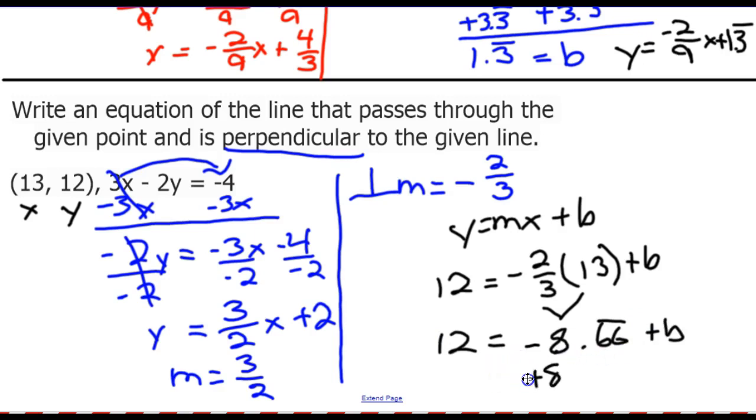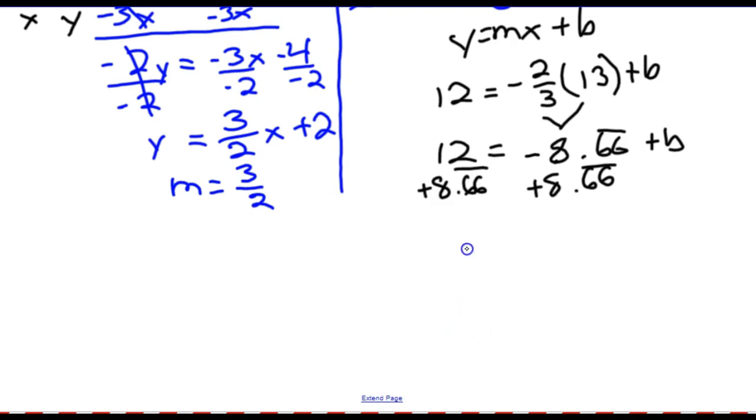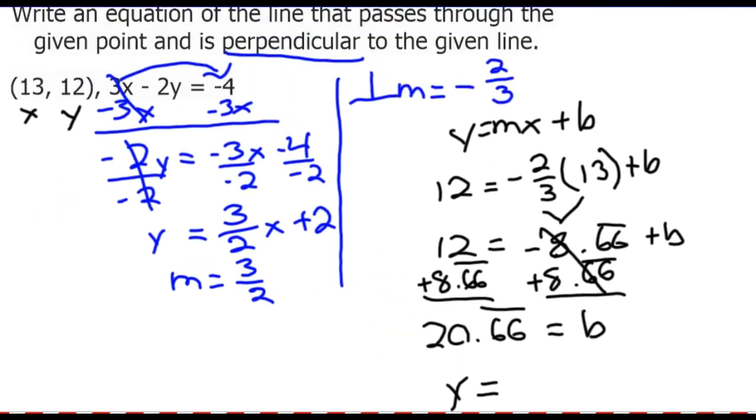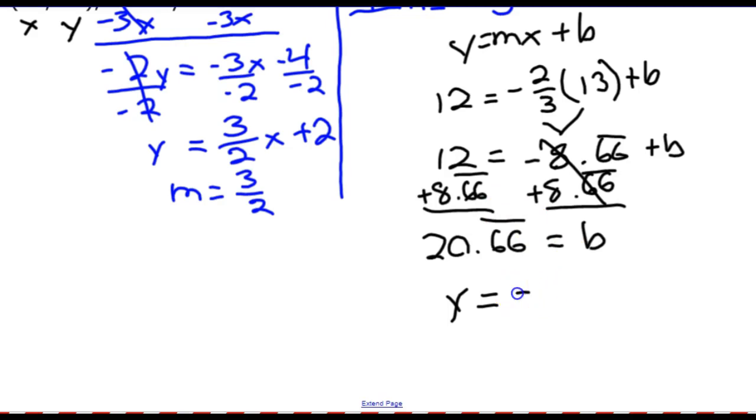We're going to add 8.66. So we get 20.66 repeating equals b. So our equation then is going to be y equals, now remember we have to have our new perpendicular slope, so negative 2/3 x plus 20.66 repeating.